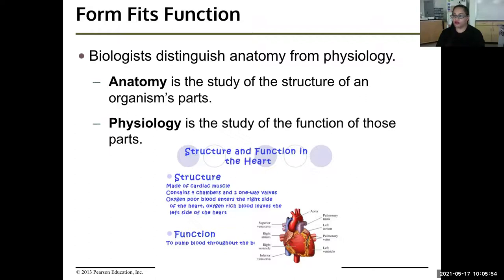So you have a heart, the structures, you have the atria, the ventricles, all the blood vessels, the coronary artery, the musculature. And then each of those has a separate function. And of course, they all have a coordinated function to work together to pump blood and get oxygen to the rest of our body.